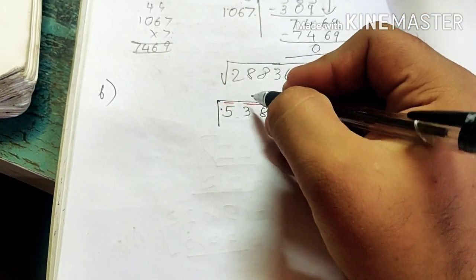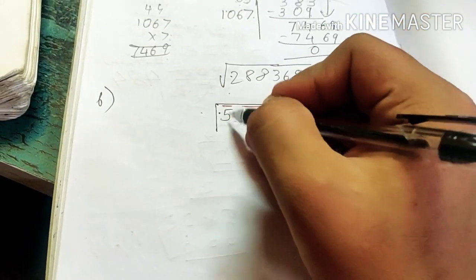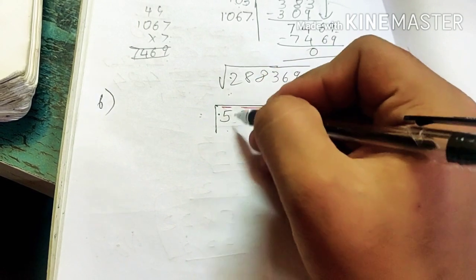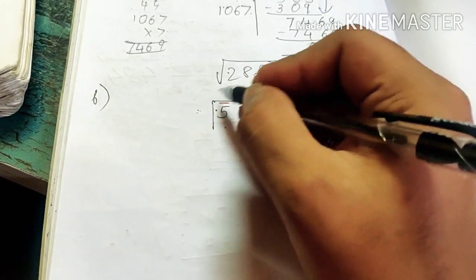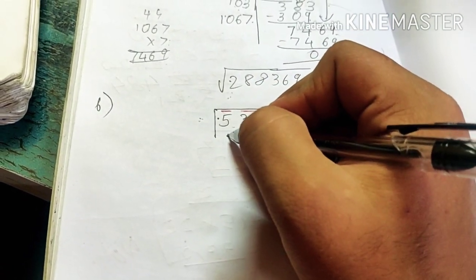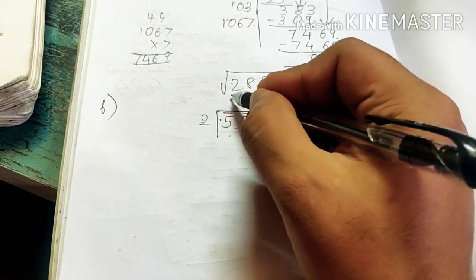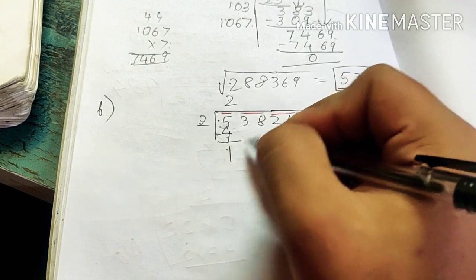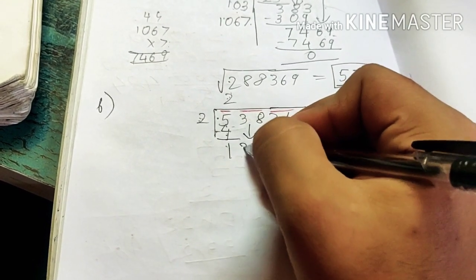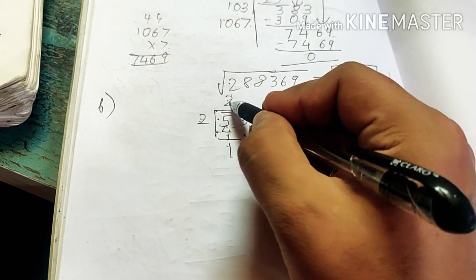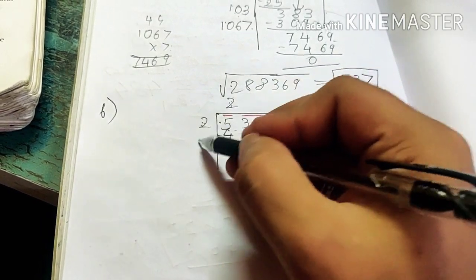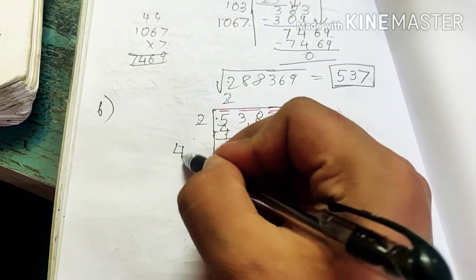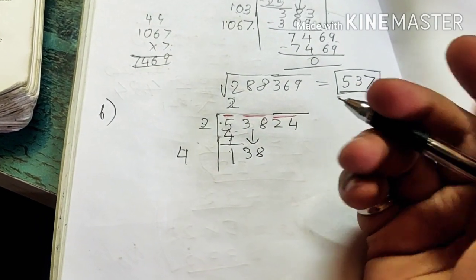Now 1 ones are 1, 2 twos are 4, 3 threes are 9. 9 is greater than 5, so we will take 2 twos are 4. Our remainder is 1. Taking down the whole pair, that is 38. We will double this number, 2's double is 4.